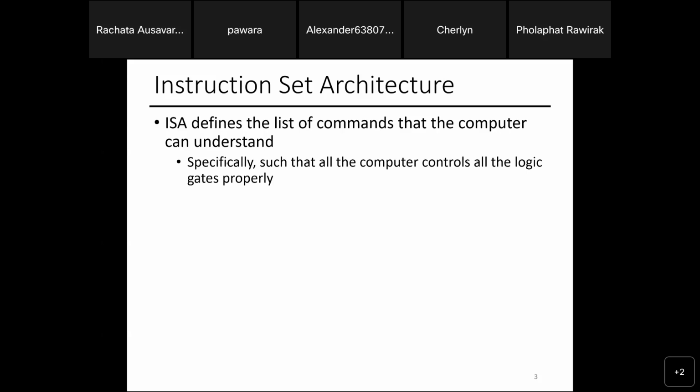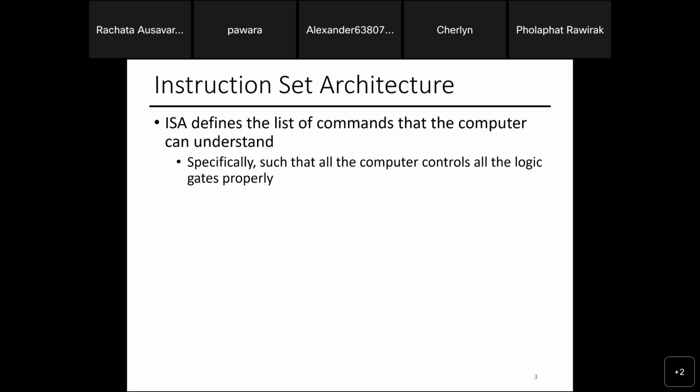Think of it as the language that controls the hardware. These are the reasons why we call it ISA, because of ARM and x86. And if you will, things like RISC-V ISA, there's another emerging ISA that's getting more and more dominant as well. These are just the list of commands we can issue to the hardware.